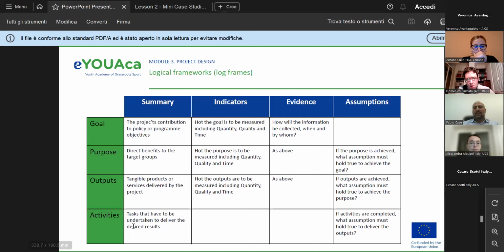So we can read it vice versa. If I do these activities and tasks, I will give these outputs to my stakeholders. If I give these outputs, they will have some benefits, and these benefits will realize the overall goal. Okay?